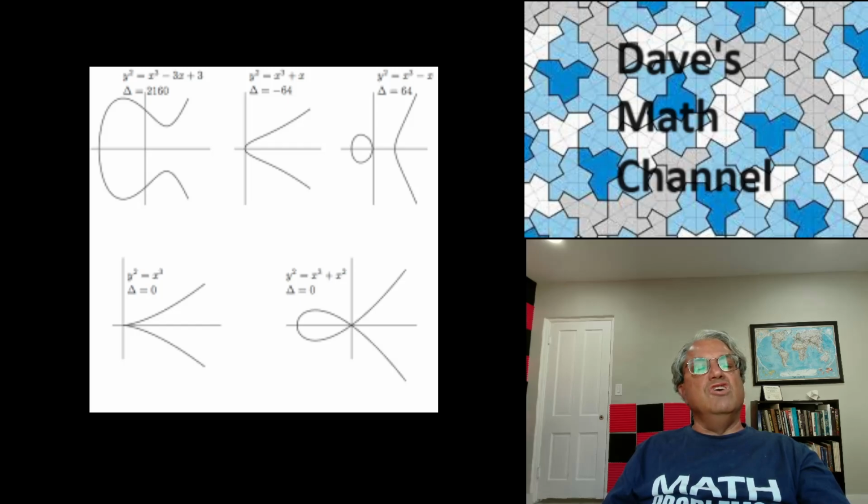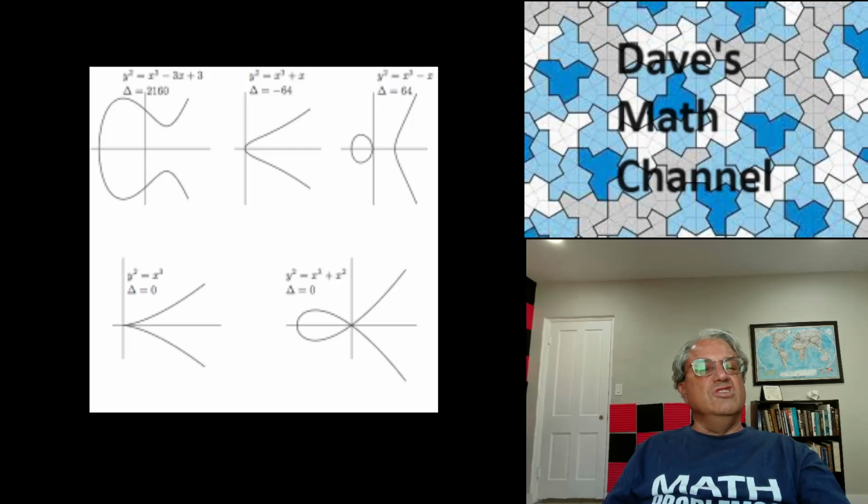So here's an example on the bottom right: y squared equals x cubed plus x squared. That also has discriminant 0, and it's a nice smooth curve, but it intersects itself. And we don't want that. We don't want to work with elliptic curves that intersect themselves, because those are also singular.